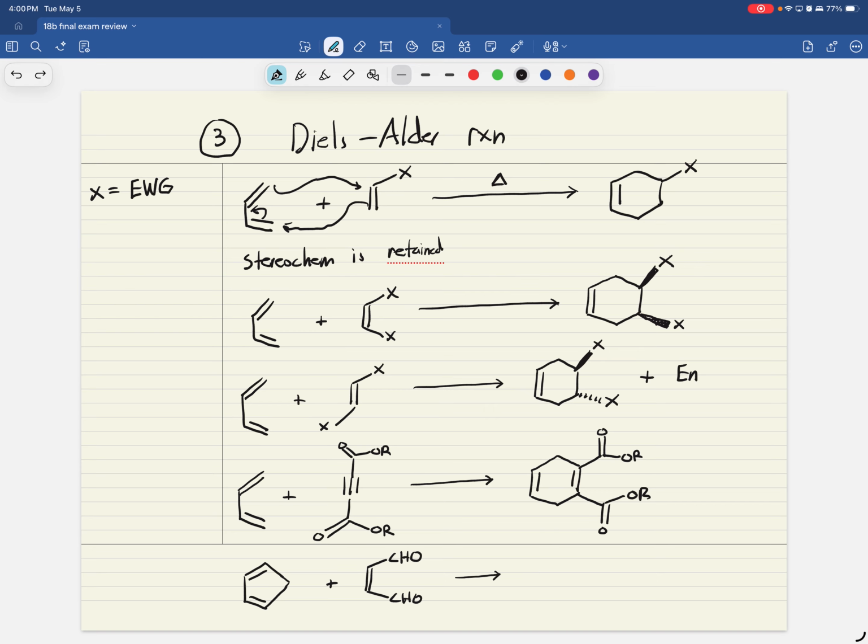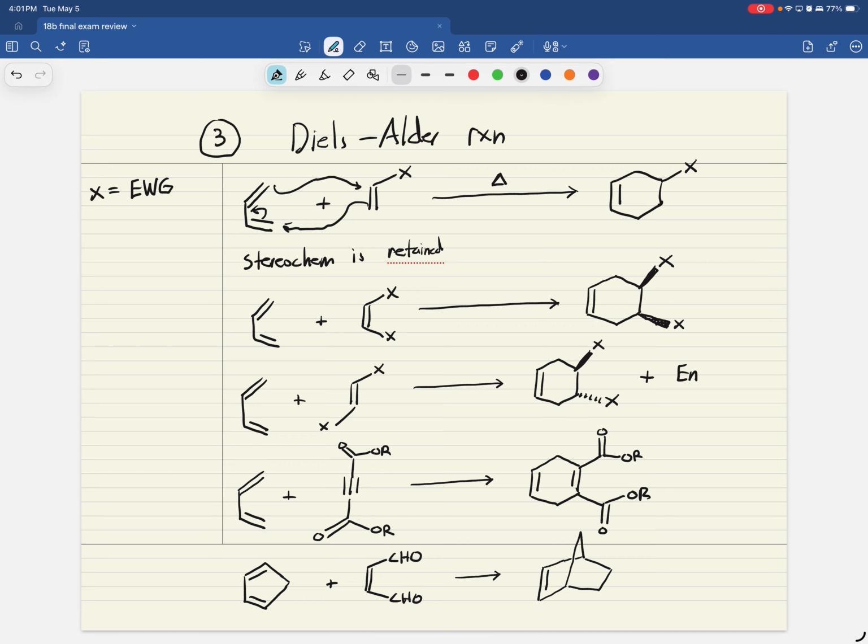Remember, for the bridgehead, my recommendation is you draw this like a paper airplane, as one of my other students put it. And then here's your double bond, right?